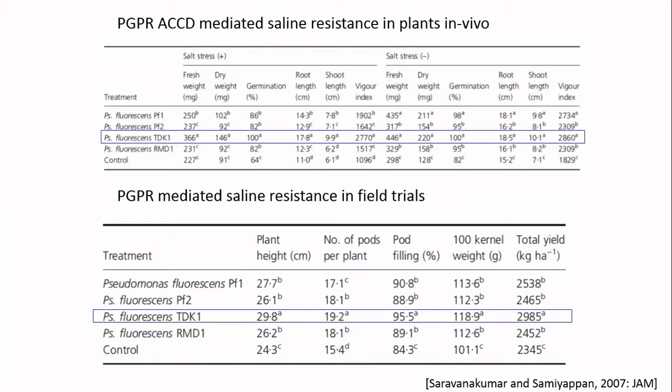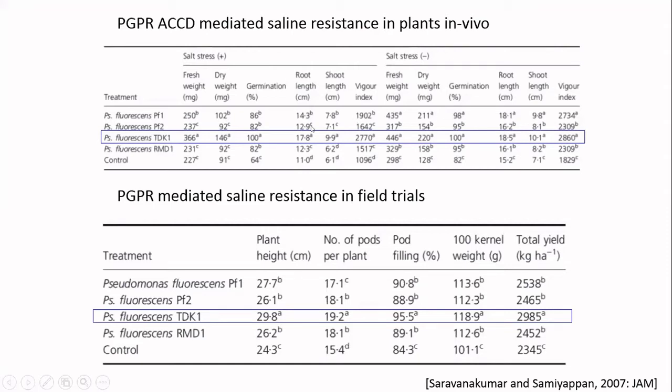When we tested in salt stress conditions and conditions without salt, we saw that the bacterium which possesses ACC deaminase activity could perform very well and could enhance plant growth under salt stress conditions as well.